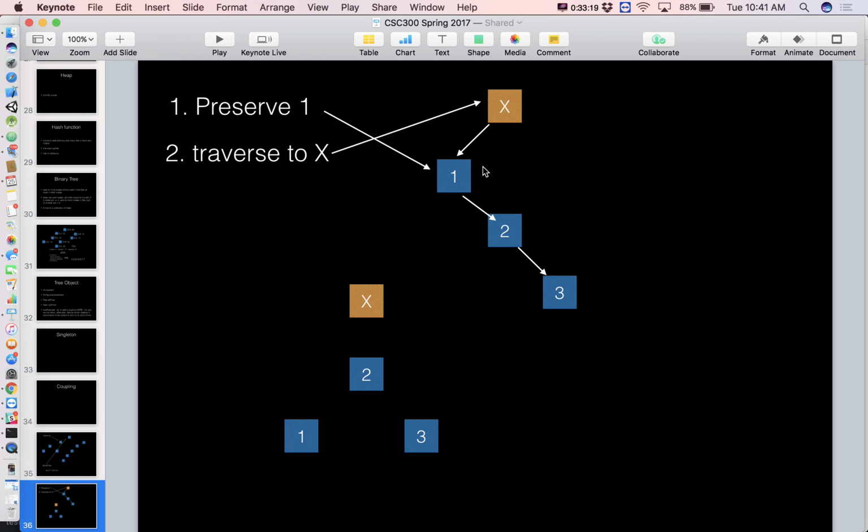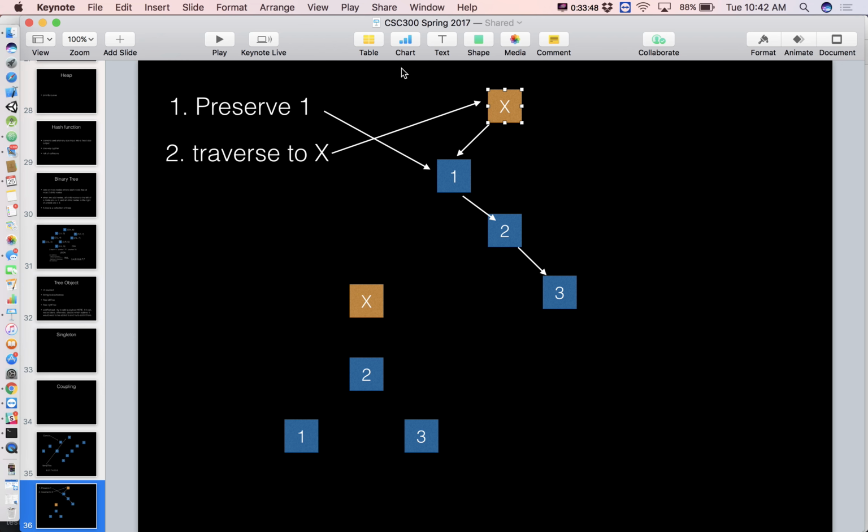All right, so we've preserved this one, because we're going to be moving him. We've found the top guy. Now what? What's step three? Okay, since we're doing a left rotation, we will set this guy's link, whether it was the left or the right.